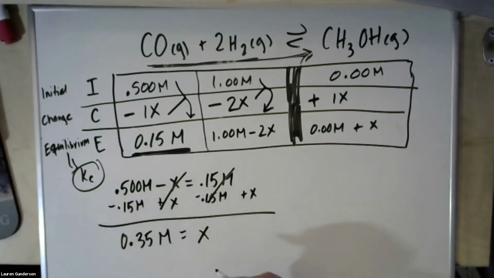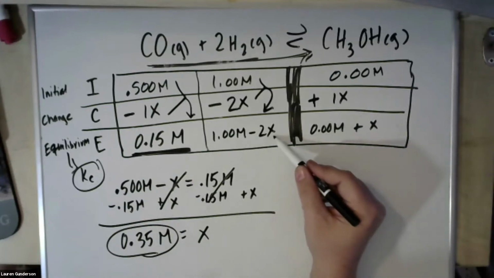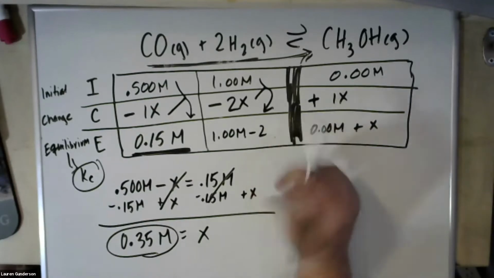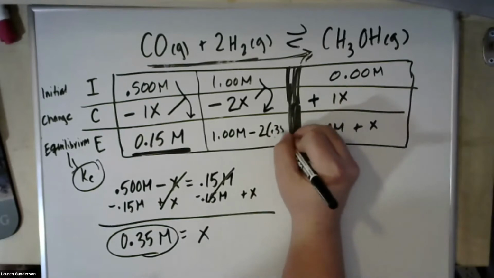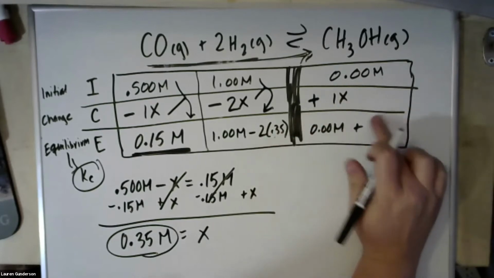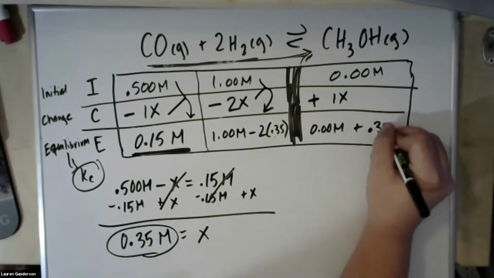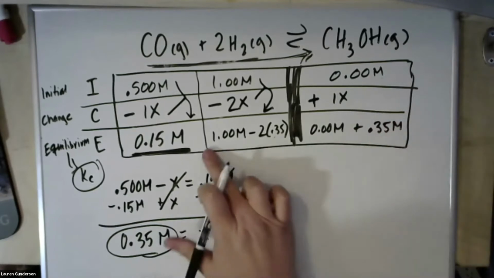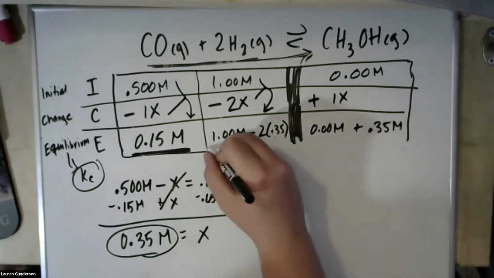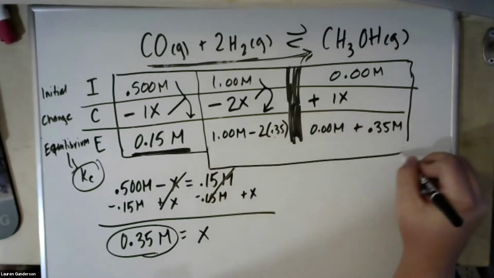Once we have that X value, now we're going to go back to our equilibrium row and plug in 0.35 molar everywhere that we had an X value. I'll make these two equilibrium boxes a little bit longer so we can solve this out for numbers.